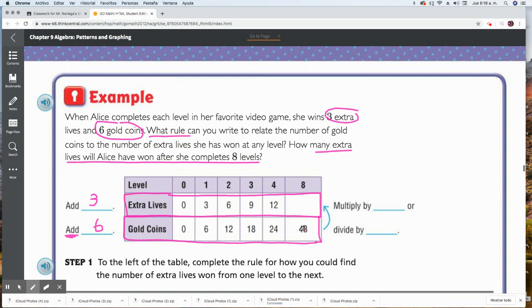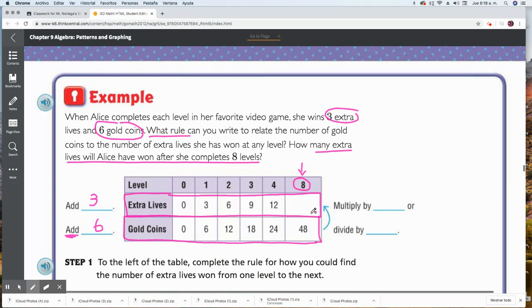So we need to find a different rule to get the number of extra lives on level 8. We already know that the number of gold coins is 48. But what about the number of extra lives? What can we do to find what the missing number is?